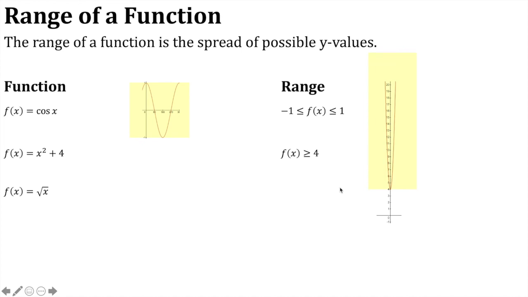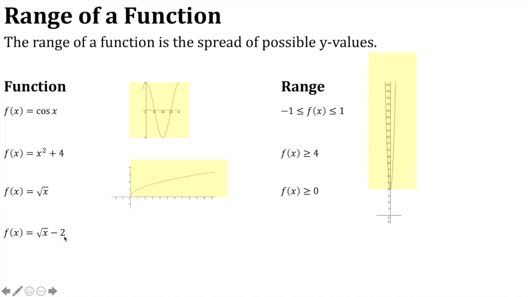Next one that we've already looked at, f of x is equal to the square root of x. So again, we'll just look at that in more detail here. You can see it starts at 0 and it will keep increasing up to positive infinity. So f of x is greater than or equal to 0. Now, similar to the previous one, we've got f of x is equal to the square root of x minus 2.